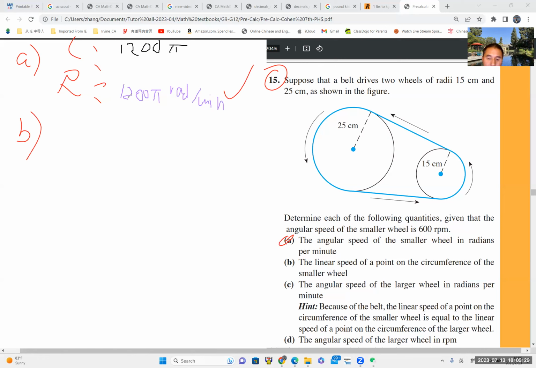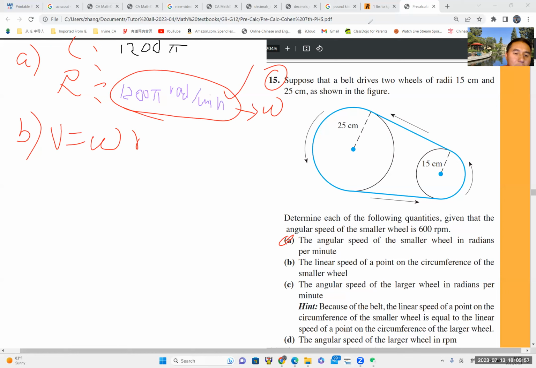The linear speed of a point on the circumference of the smaller wheel. Okay, this should equal V equal to omega. We call this angular speed omega, right? So omega times radius. If we call this the small radius, this is the big radius.